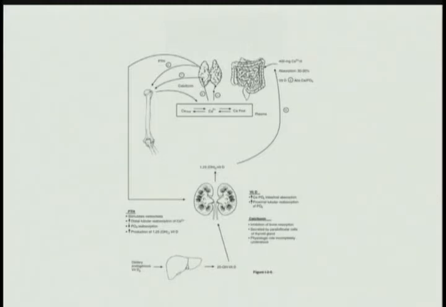And then I want to talk about just a couple of things more before we talk about hypercalcemia. I want to talk about this calcium that we measure in the serum right here. About 40% of the calcium that we measure in the serum is bound to albumin.